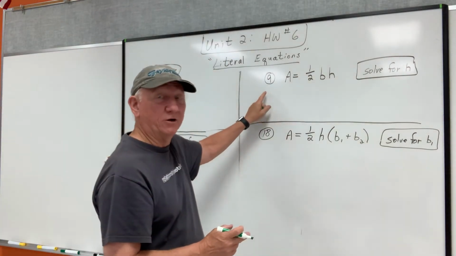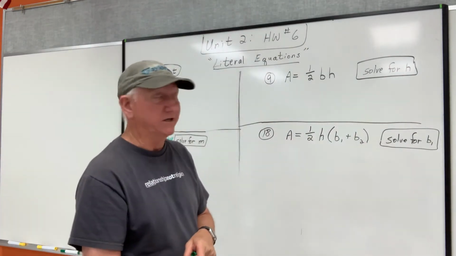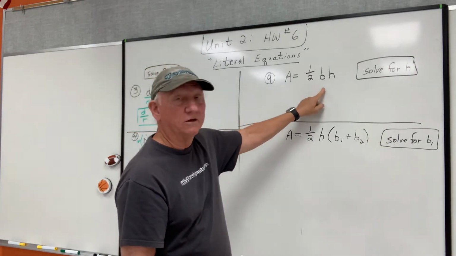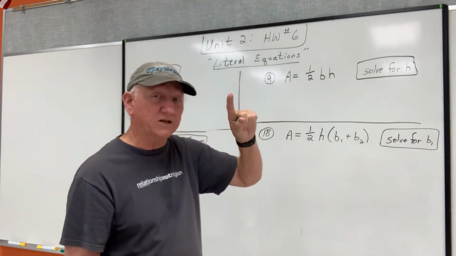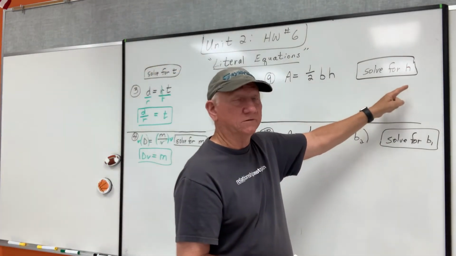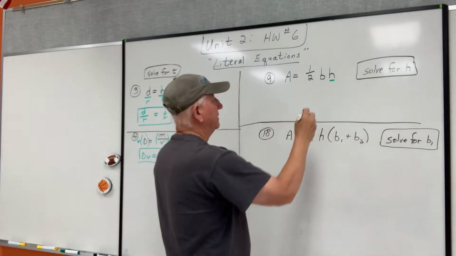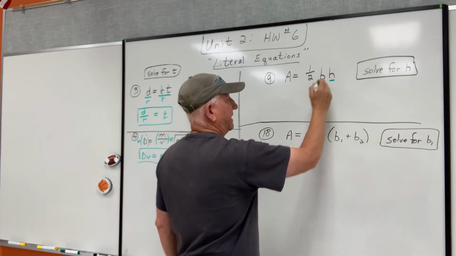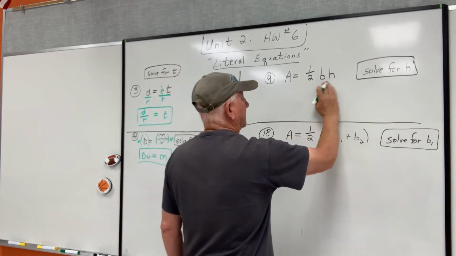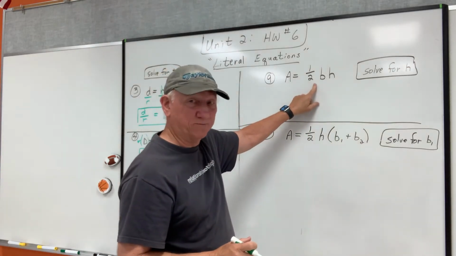All right. Number 9 on the back of your notes, or on the second page, I should say. A little bit longer equation. There's more than one step. So solve for h. So that means we want h to be all by itself. So we need to get rid of the 1/2 and the b and move it to the other side. The way you get rid of a fraction is you multiply times its reciprocal.